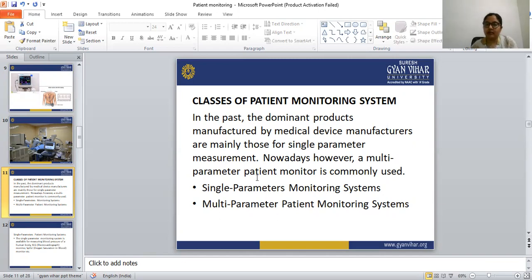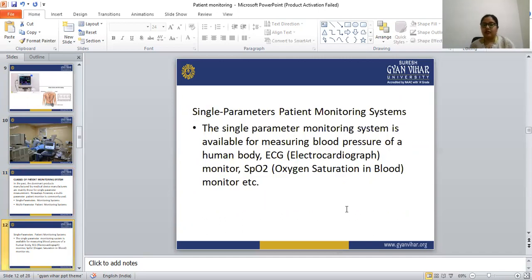Nowadays, however, a multi-parameter patient monitoring system is commonly used in hospitals. So there are single parameter monitoring systems and multi-parameter patient monitoring systems available in the market. A single parameter monitoring system is available for measuring blood pressure, ECG, that is electrocardiograph monitor, and SpO2, that is oxygen saturation in blood.